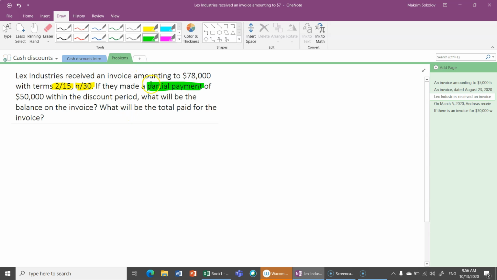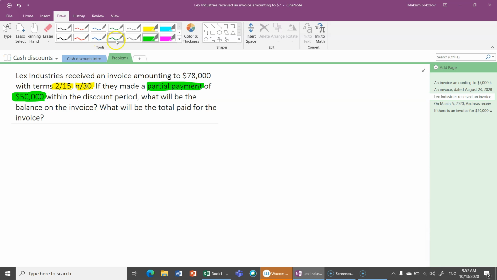What it means is that the company might not have the full amount to pay at this point, and therefore they decided to pay the partial payment within the discount window. So once they had $50,000, they decided to put it towards the invoice to get 2% off, and they decided to pay the rest later.